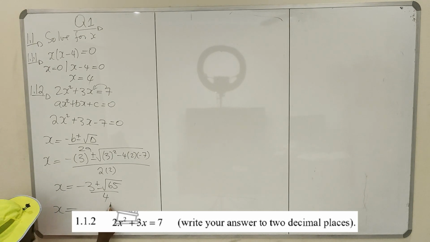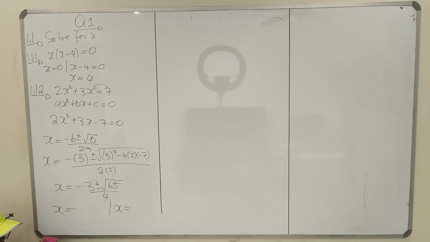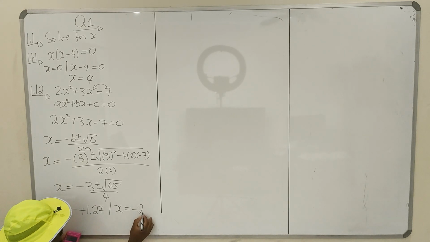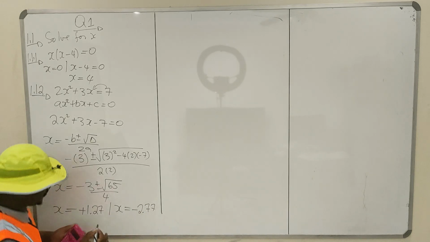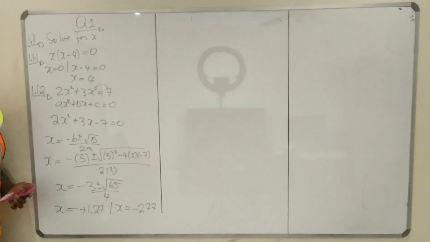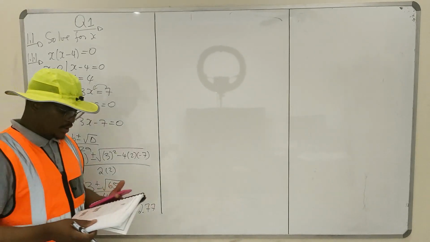Now write the decimals. So x is minus 1.27 or your x value is minus 2.77. These are the x values that you have. Go to the next one.